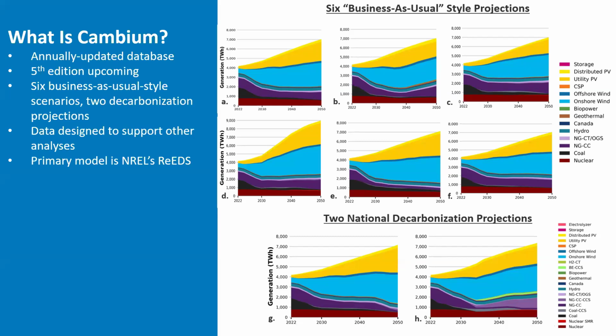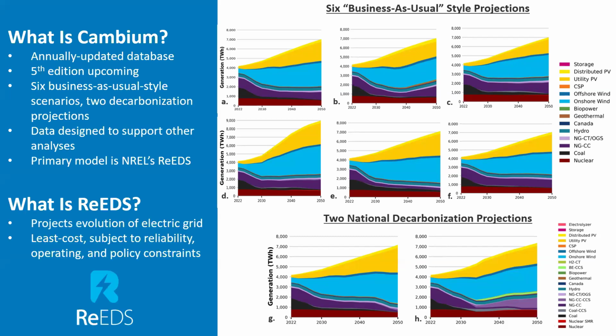The primary model, the workhorse model underneath the Cambium data sets, is NREL's ReEDS model. ReEDS is a capacity expansion model that projects the evolution of the US electric grid by solving for the least cost, considering both build and operational decisions, subject to reliability, operational, and policy constraints.